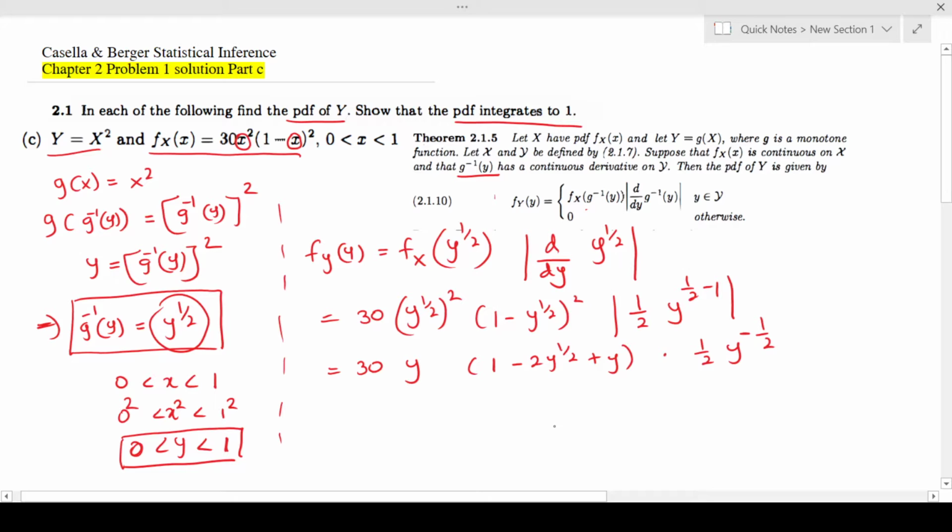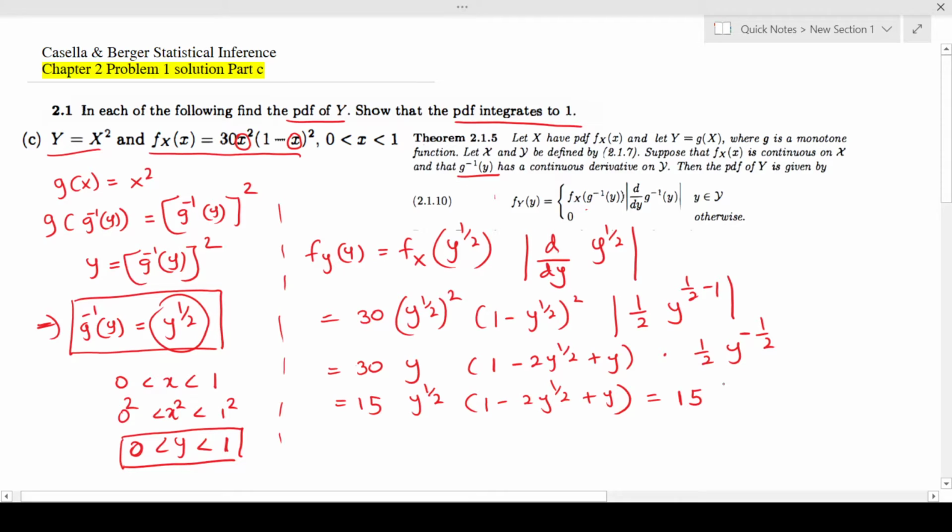So half times 30 is 15, and y times y to the power negative half becomes y to the power half, times (1 minus 2y to the power half plus y). I'm going to simplify this a little further so it is easy when I integrate.